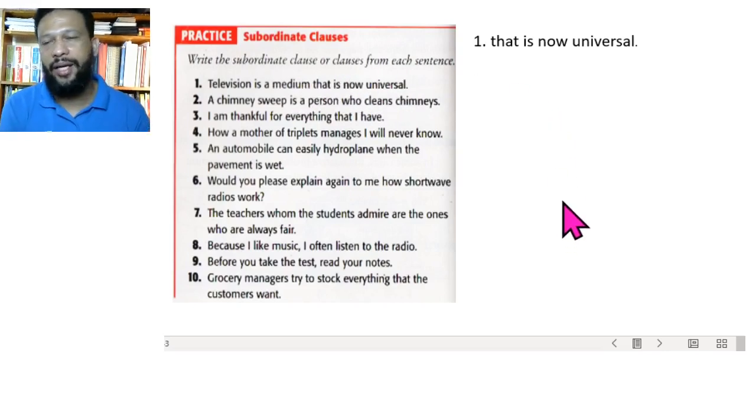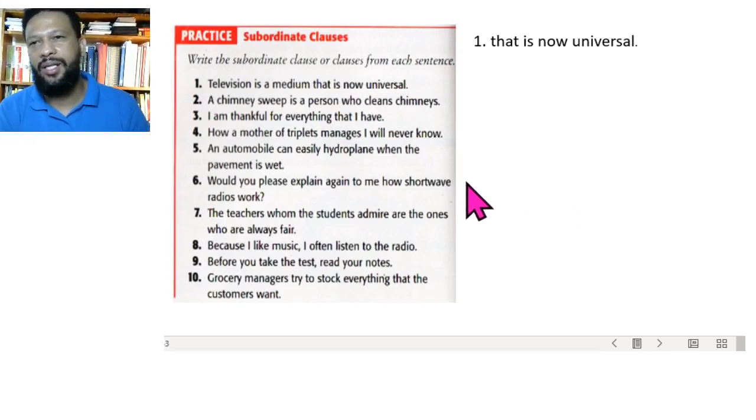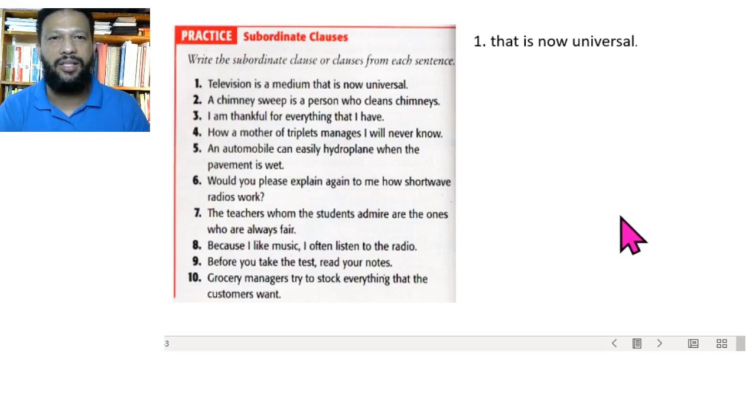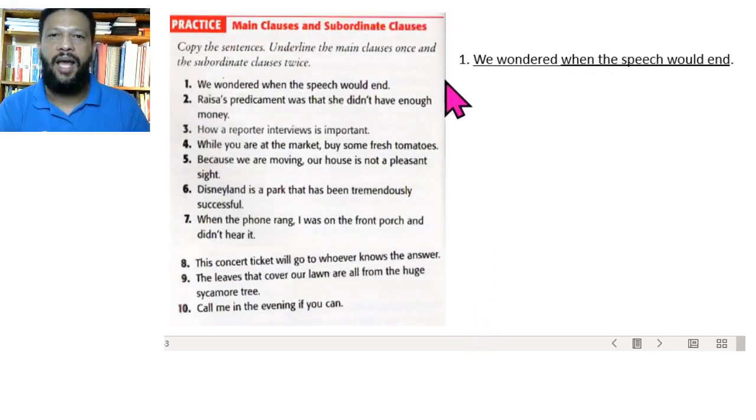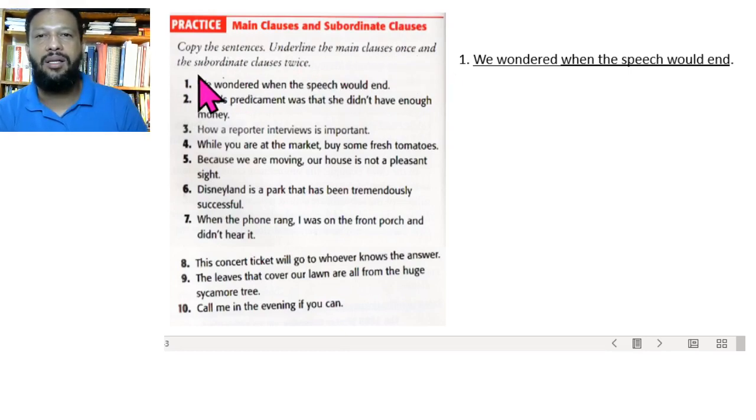Go ahead, complete all the exercises, and then we'll discuss the answers. Let's see the next one. I think there's another exercise. As always, the first one. Copy the sentences and underline the main clauses once and the subordinate clauses twice. So the subordinate clause must be underlined twice here. We wondered when the speech would end.